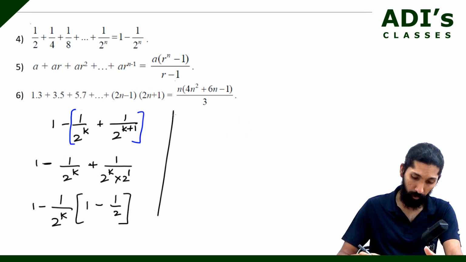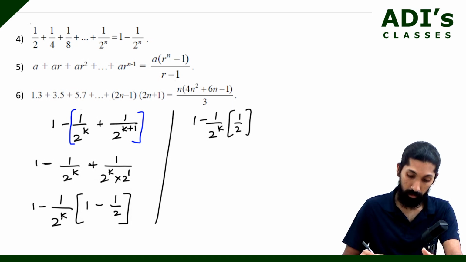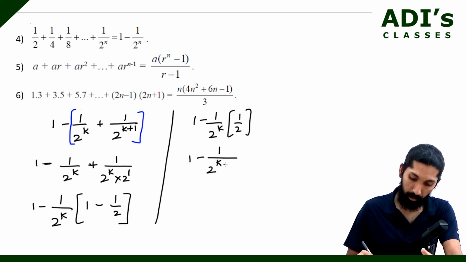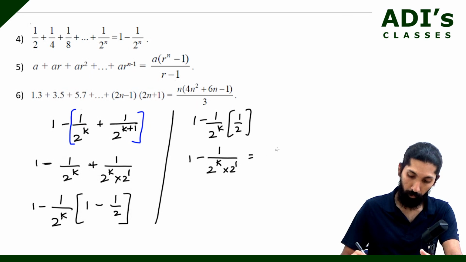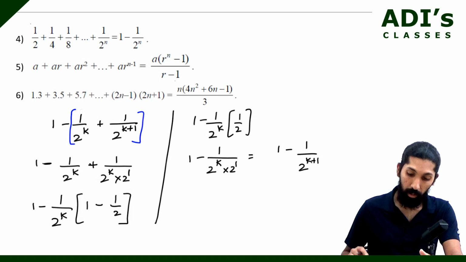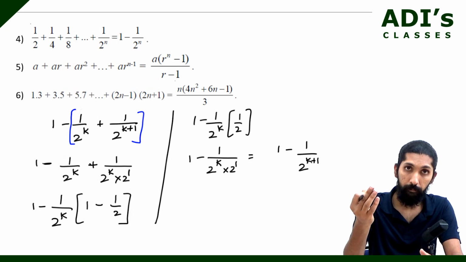Then after that, what can you say? 1 minus 1 by 2 power k into 1 by 2. Isn't it? This is going to become 1 minus 1 by 2 power k into 2 power 1, which is nothing but 1 minus 1 by 2 to the power of k plus 1. This is nothing but p of k plus 1, what we had done in third step, right?